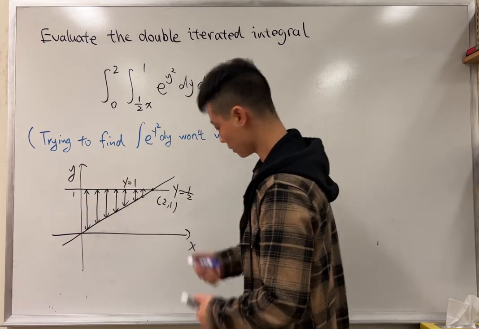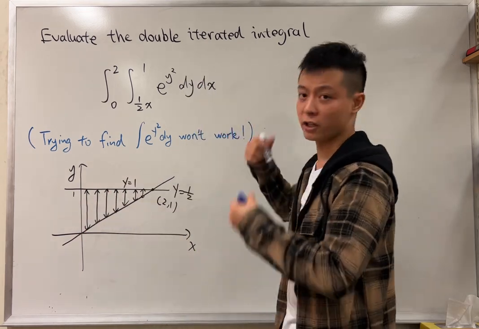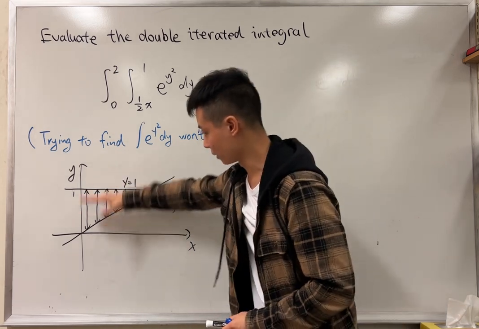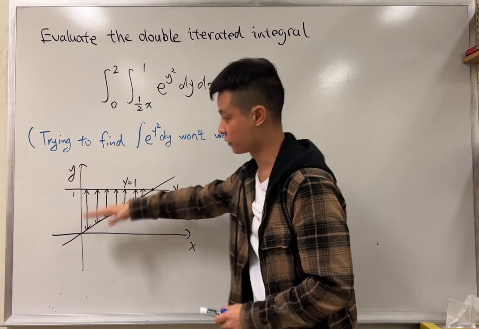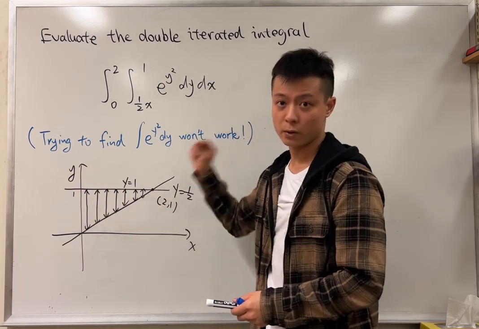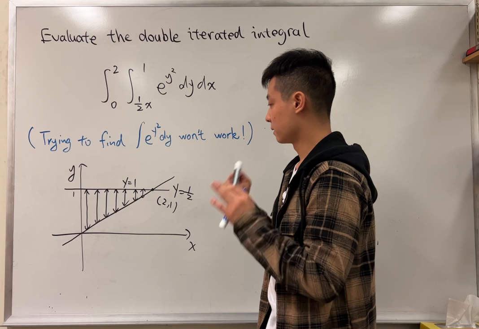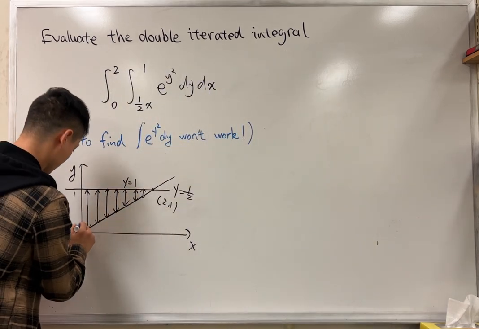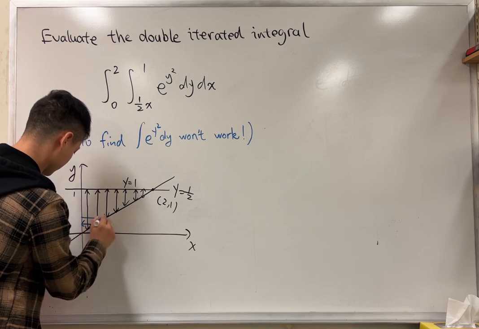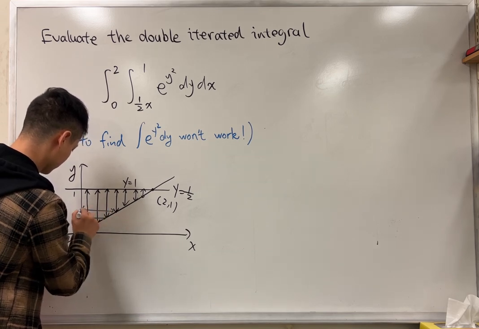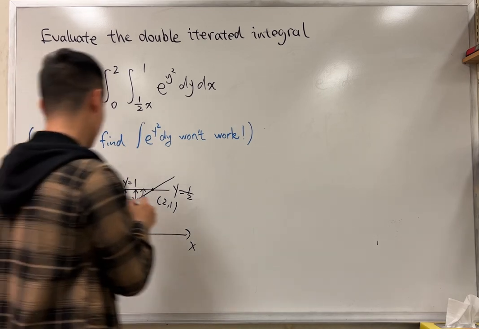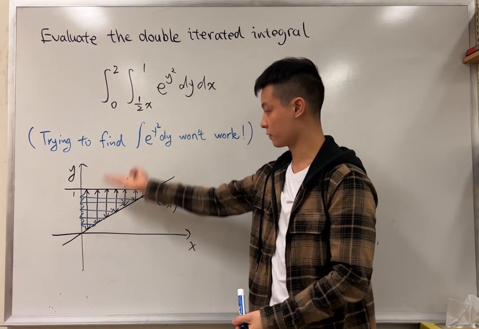By changing the order of the integral, we mean that we're going to use different strips to fill out the region. Instead of vertical strips, we can take horizontal strips. Imagine a bunch of horizontal strips like this to fill out the region.